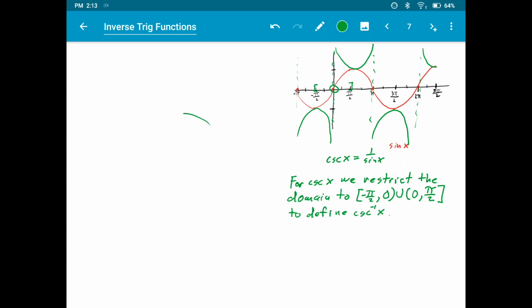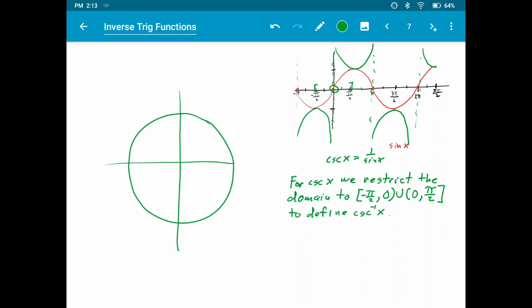On the unit circle, we're looking at all the values for sine, so we're going to be using this half of the circle, but cosecant isn't defined at 0, so we have to exclude the 0 angle. And that shows how we restrict the domain so that we can define all of the inverse trigonometric functions.